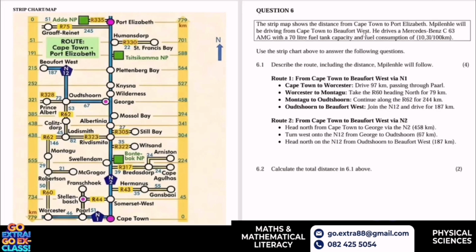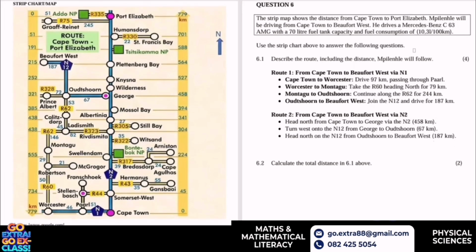So this is a strip chart that starts from Cape Town to Port Elizabeth. I'm going to show you the full map here. As you can see, this is Cape Town, here at the bottom, and it shows the distance from Cape Town to Port Elizabeth, which is somewhere at the top.